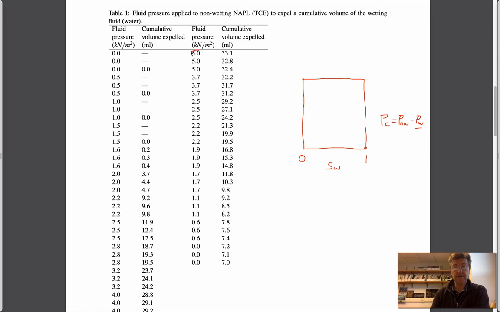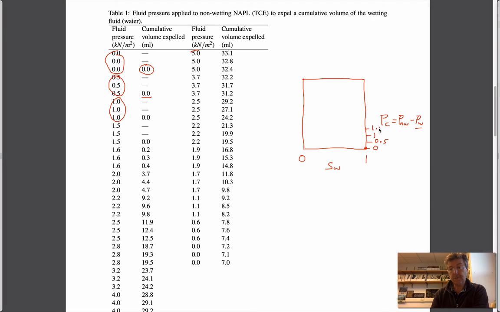So as you increase the capillary pressure from 0, there's initially no water expelled from the system. At 0.5 kilonewtons, there's no fluid expelled. At 1, there's none. So this would be 0, 0.5, 1, and even 1.5.